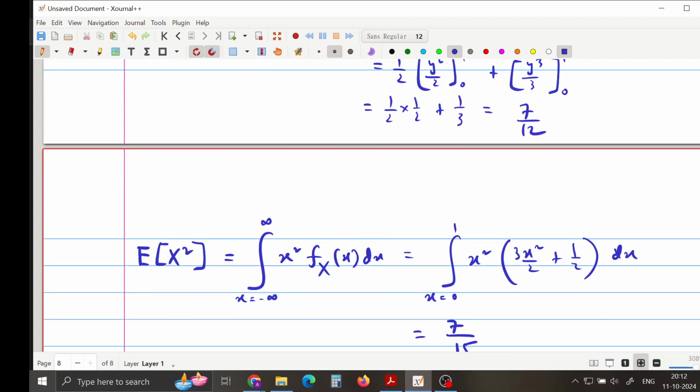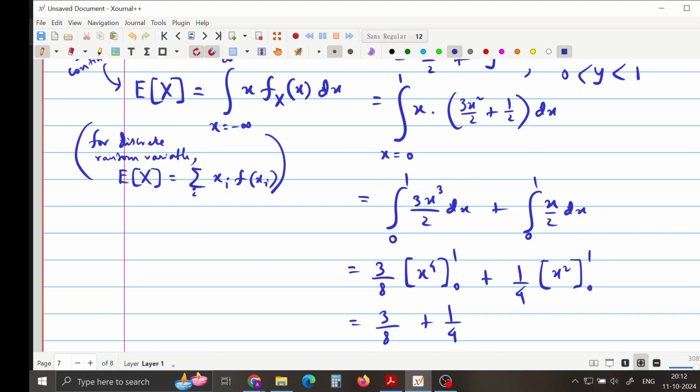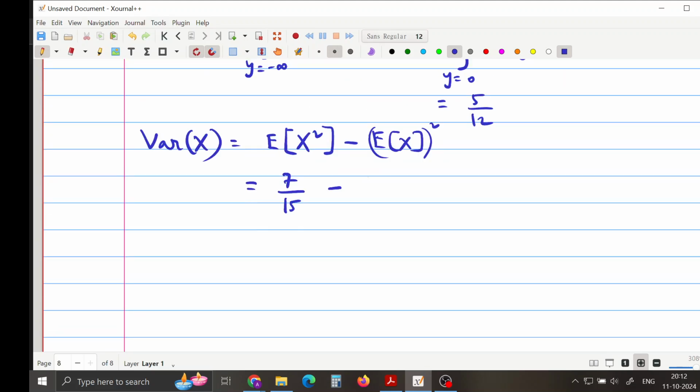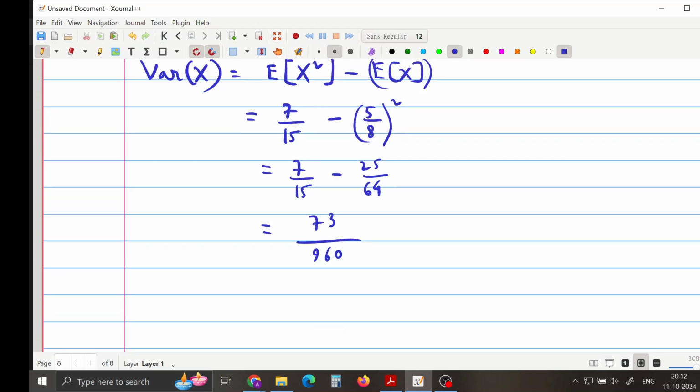Expectation of x is 5 by 8, so this is 5 by 8 squared. So this is 7 by 15 minus 25 by 64, and that will give you 73 by 960. I'm keeping it in fraction; you may write it down to some decimal places.